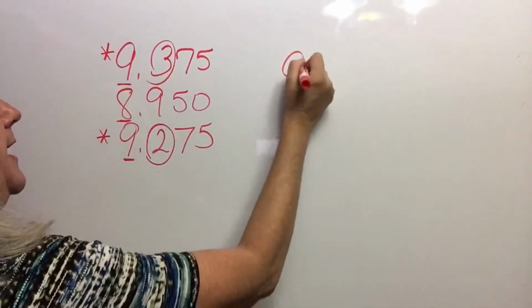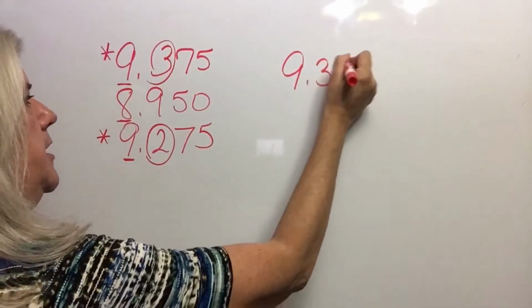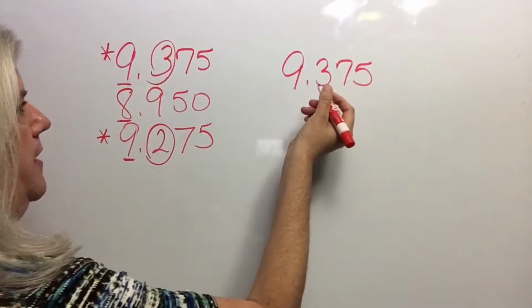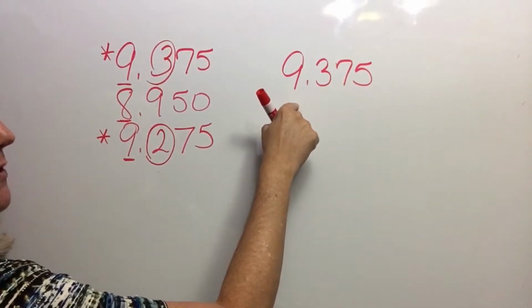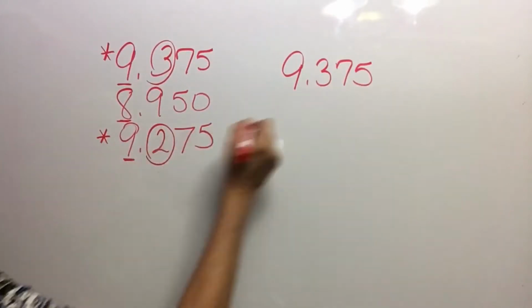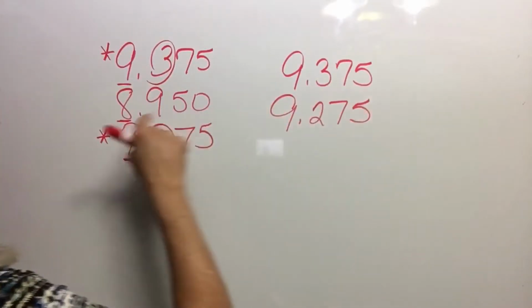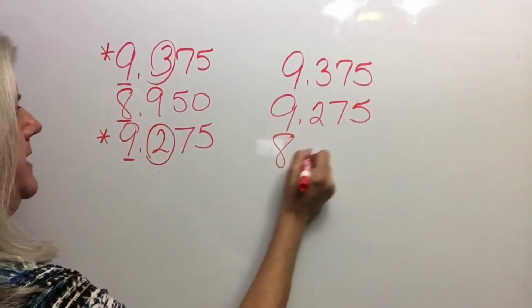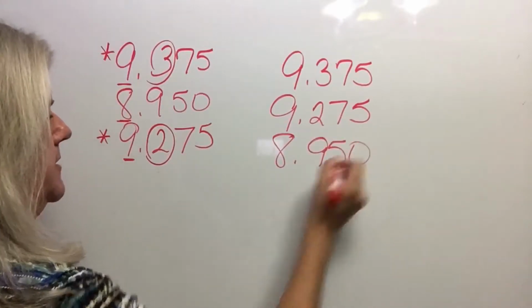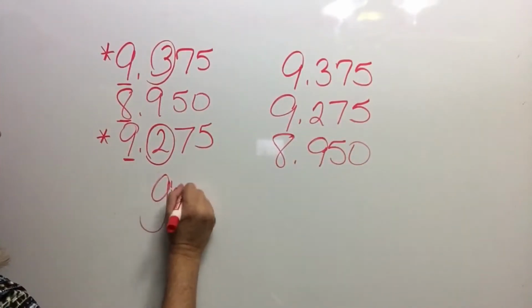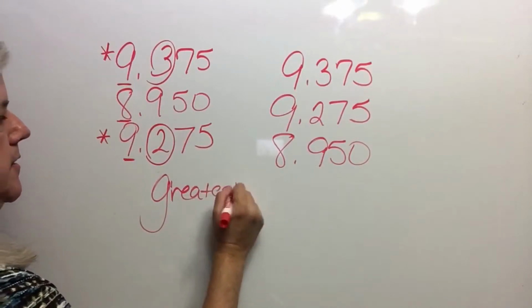So I know that 9 and 375 thousandths is going to be my greatest. Then 9 and 275 thousandths. And then my last one would be 8 and 950 thousandths. So I have ordered these from greatest to least.